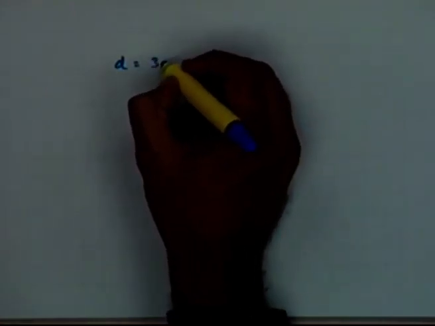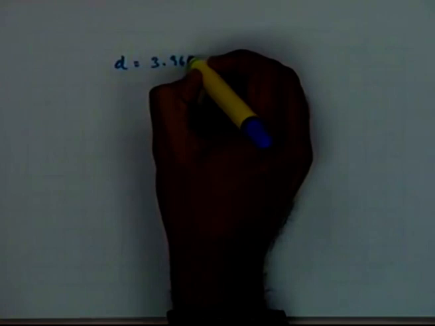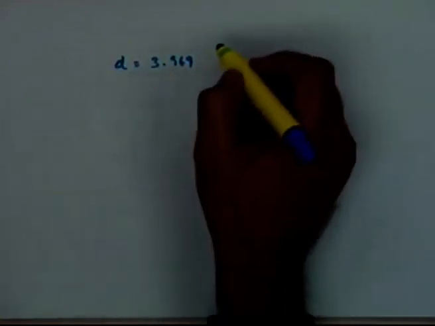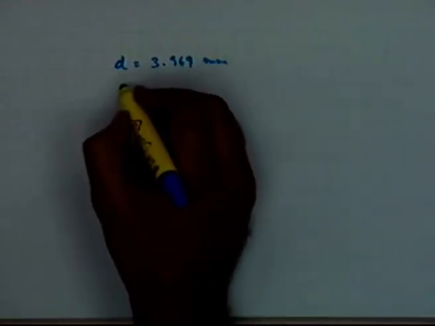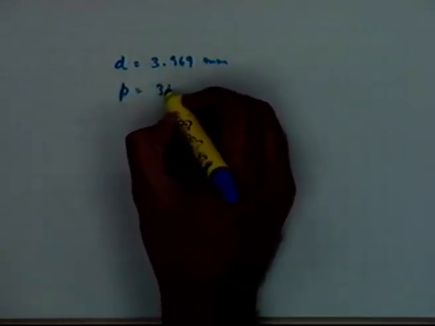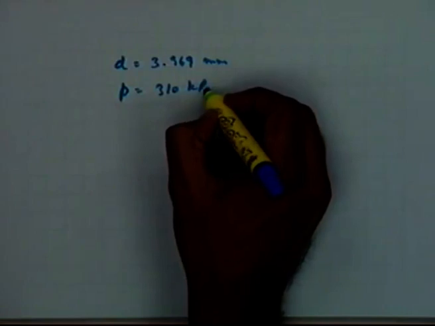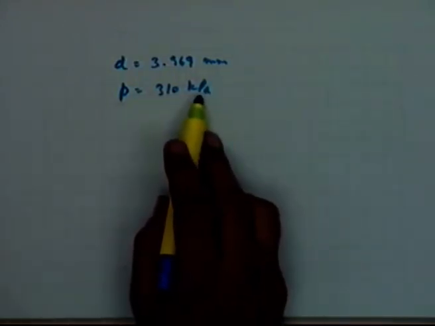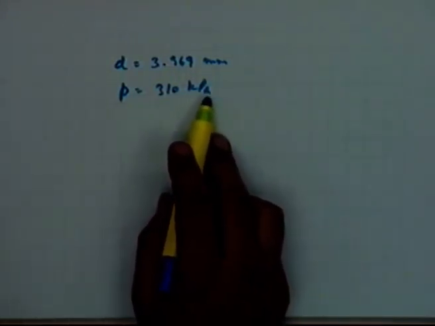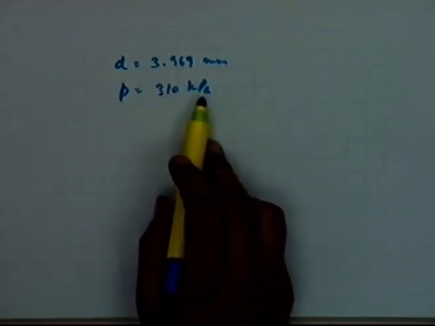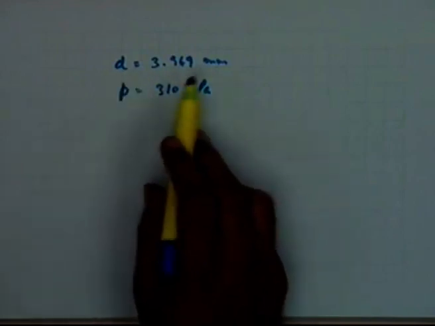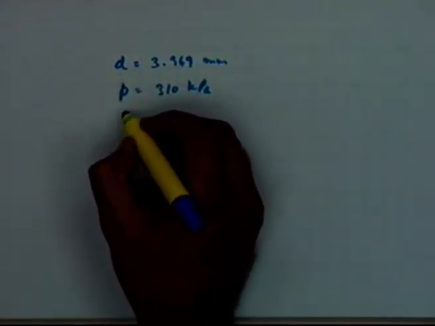is that if you have a nozzle diameter of 3.96 millimeters, the pressure selected is 310 kilopascal, which is the minimum pressure at which this diameter nozzle is recommended to be run.